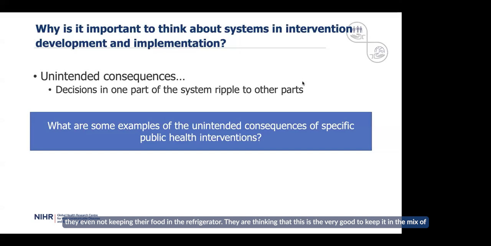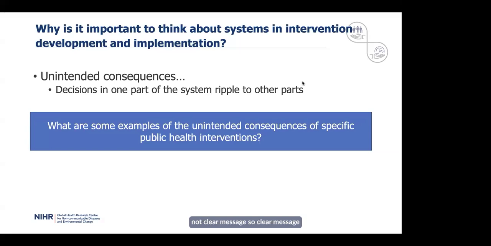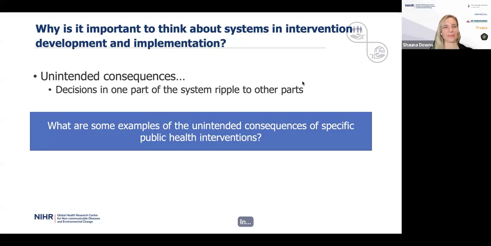They thought it was very good to keep it in the meat safe, even on warm days. After a few follow-up visits, we realized we were not giving a clear message, so we corrected the nudges and helped them understand it's not the same effect as a refrigerator. That's a great example. Thanks for sharing that.